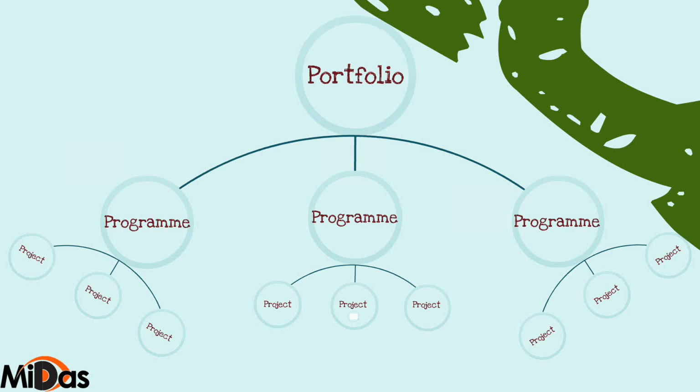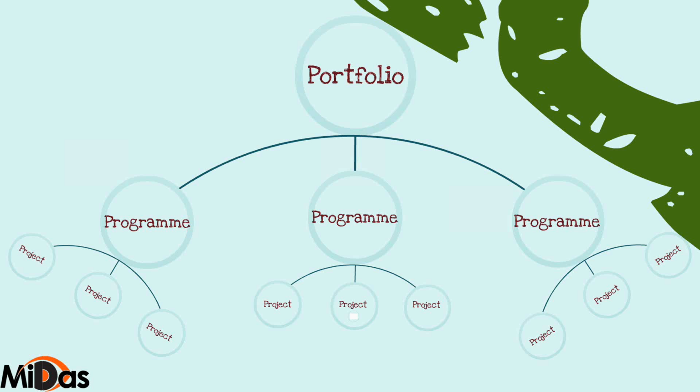So these are projects, programs, and portfolio. Now OGC has a set of frameworks to help you do these portfolios, programs, and projects in a much more established way and in a process.